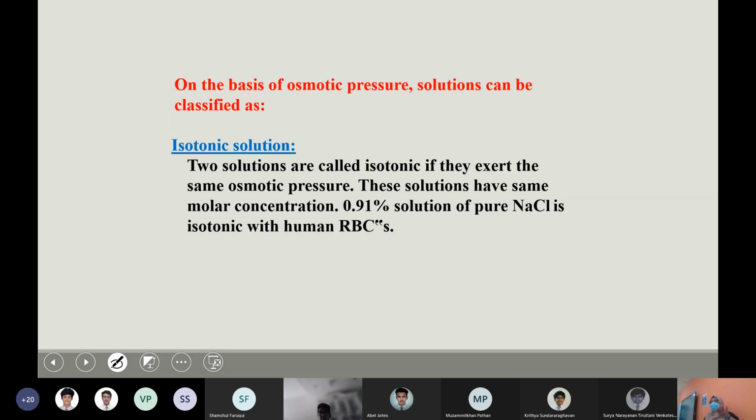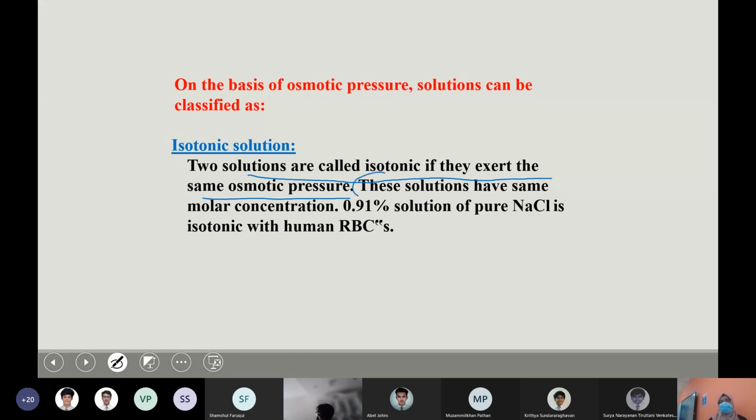Isotonic solution: iso means same, tonic means same osmotic pressure. If you have two different solutions of the same osmotic pressure, two solutions are called isotonic if they exert the same osmotic pressure. So if the osmotic pressure is the same for two different solutions, then we call it an isotonic solution.